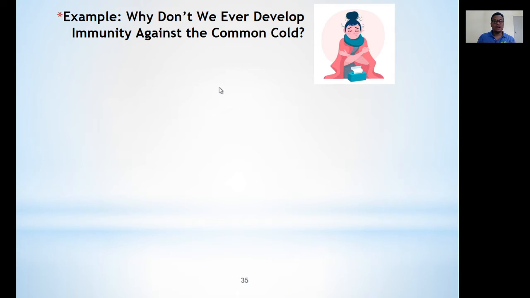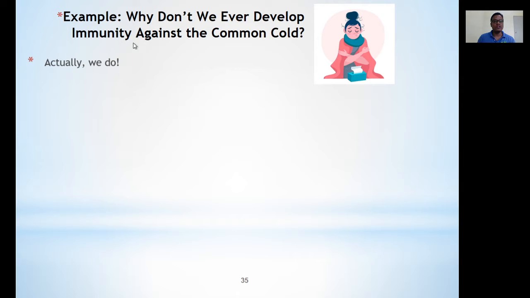So let's have a look at one of the most common diseases, demam or the common cold. So why don't we ever develop immunity against the common cold? In our lifetime, even once a year or even every month, we can suffer from this common cold.